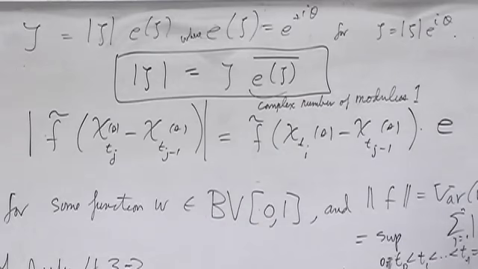E of f tilde of chi tj minus chi tj minus 1. So I'm just writing the whole mess down again, only putting an e on the outside of it. And this expression here is with a conjugate sign. So this whole mess here with this conjugate sign is a complex number of modulus 1. It's akin to the plus or minus sign.